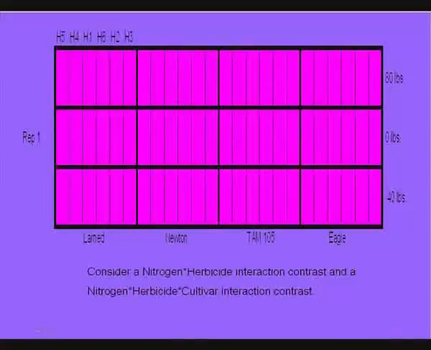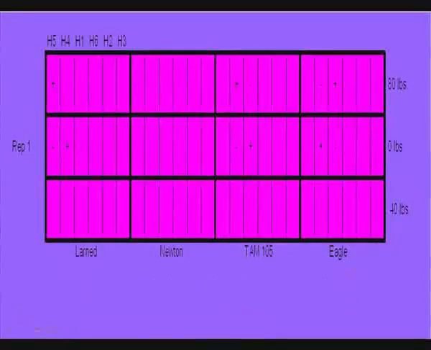And then finally we consider a nitrogen by herbicide interaction contrast and a 3-way nitrogen by herbicide by cultivar interaction contrast. So if we look at this over here, it represents a herbicide by nitrogen level contrast.